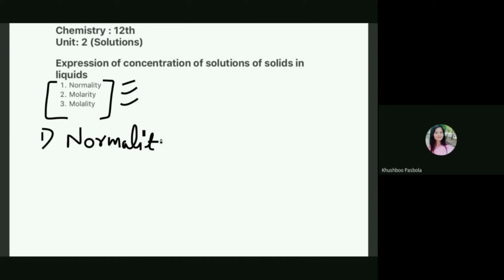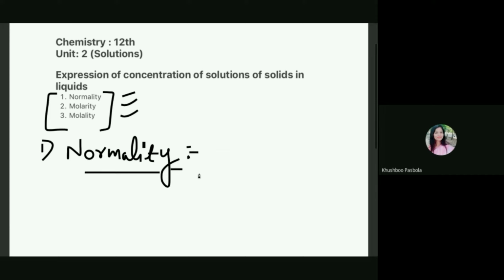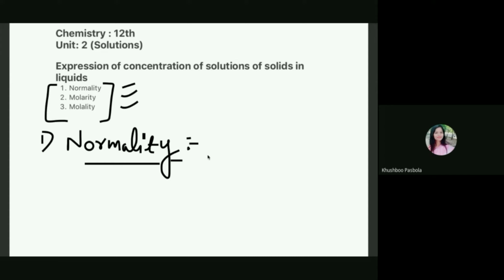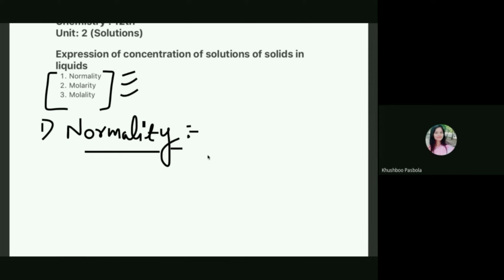So now tell me, what is solute? Write in the comment box what is solute. Because in the last lecture I already discussed what is solute, what is solvent, what is solution. So here I am only discussing normality, molarity and molality.